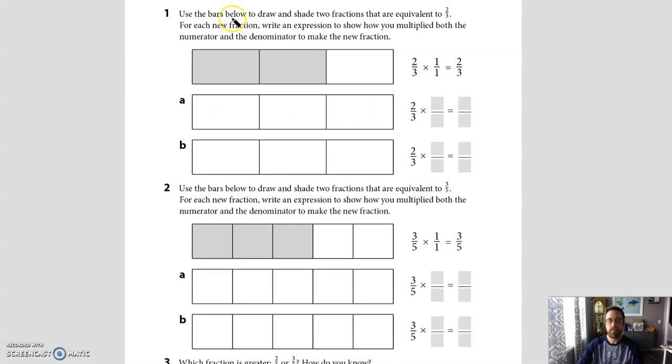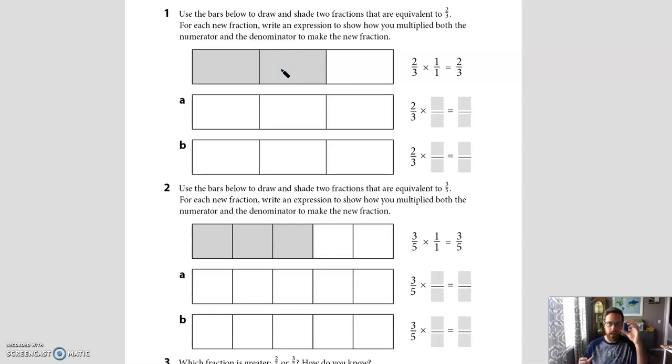It says, use the bars below to draw and shade two fractions that are equivalent to 2/3. For each new fraction, write an expression to show how you multiply both the numerator and denominator to make a new fraction. So this, again, should be review. Our numerator tells us how many of the equal parts we're looking at. For a fraction, our wholes have to be the same.